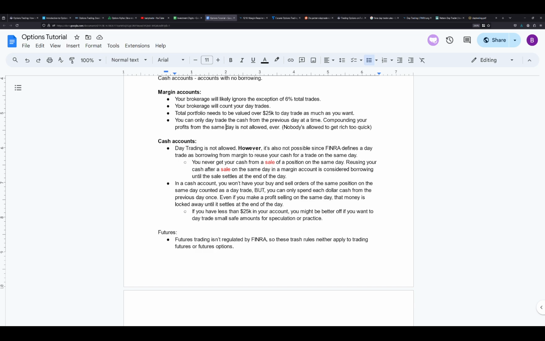And what this is coming from is, when you sell a position at all, your cash is considered settled at the end of the day. So with a margin account, you can keep playing with that money as if you had got your cash settled. But in a cash account, you have to wait till the end of the day for that cash to settle from your sale before you can buy with it again the next day.